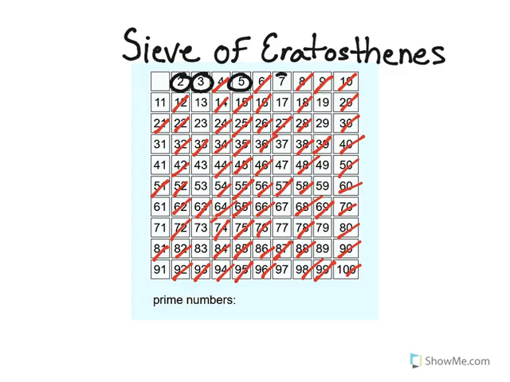The next prime number would be 7, so we want to cross out all multiples of 7. We got 7, 14 has been crossed out, 21 is already crossed out, 28, 35, 42, 49 isn't.